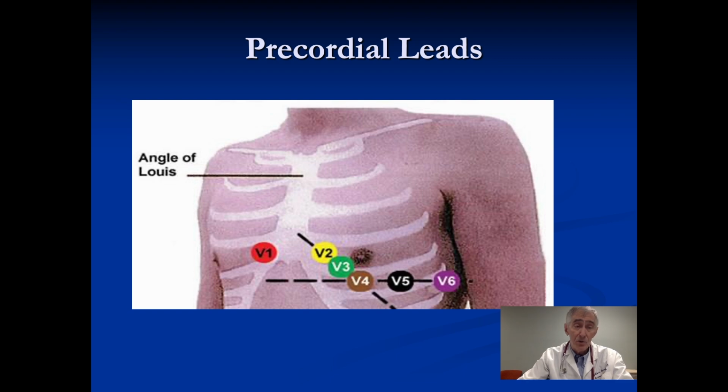I've had them use the costal margin, and that's not correct. And I've even had one person place it on the right precordium. Now we use that occasionally if there's an inferior myocardial infarction, but the leads should be placed on the left precordium first before venturing into the right side.